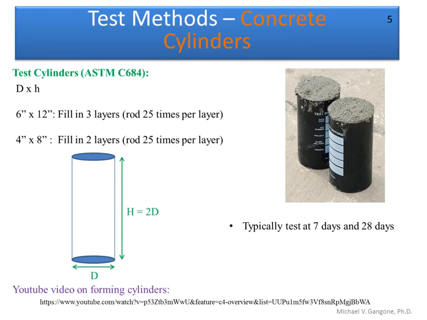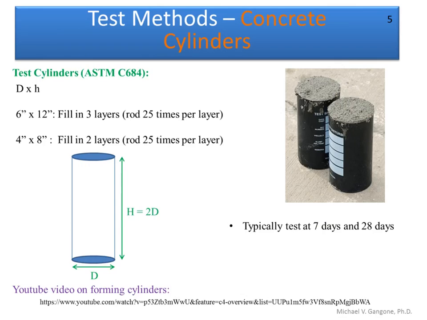Like I said, 6x12 and 4x8 are the two common size cylinders that you see used. Again, with a cylinder, the height is twice the diameter. The difference is basically in the number of layers that we fill the cylinder. Obviously the size is also different, but the number of layers is different as well.